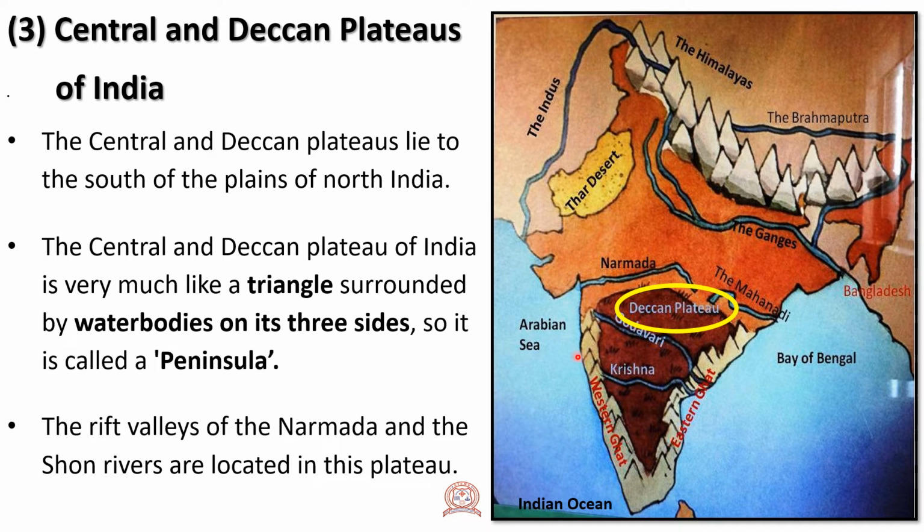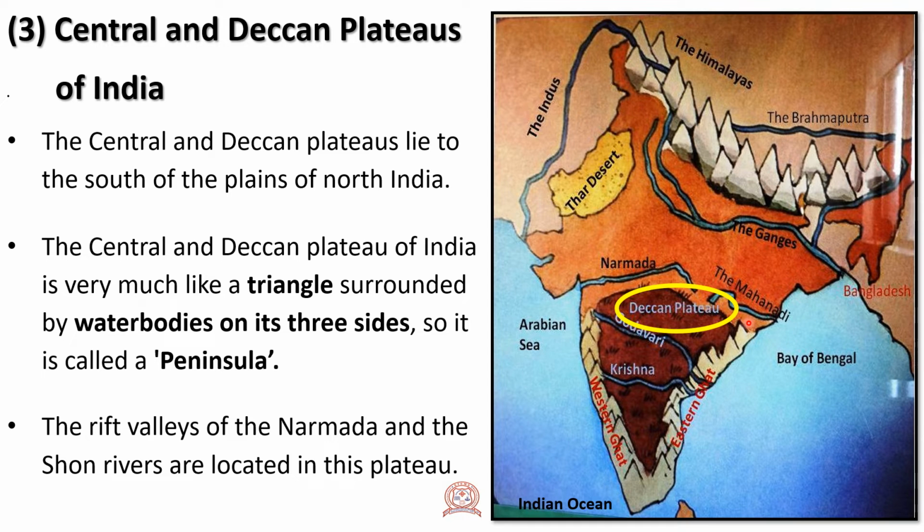That is, in the western side it is the Arabian Sea, southern side Indian Ocean, and the eastern side Bay of Bengal. So it is called a peninsula.